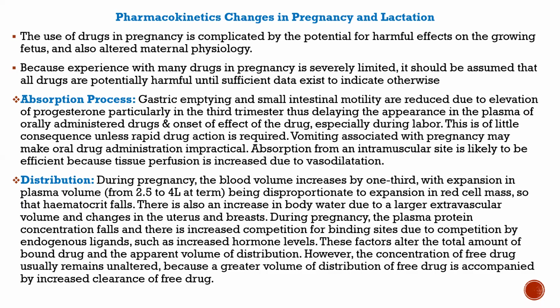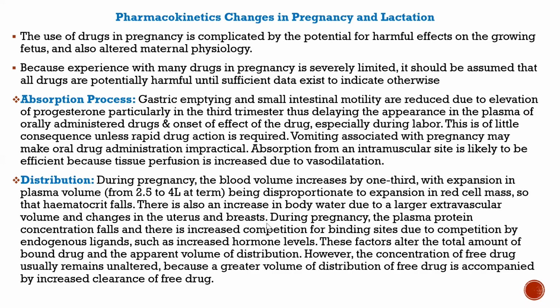So what this is talking about is that there are a lot of factors that determine how a drug is distributed in a pregnant woman's body. When someone is pregnant, there are a lot of different hormones which can compete for binding sites of a drug, and this can limit drug distribution during pregnancy.